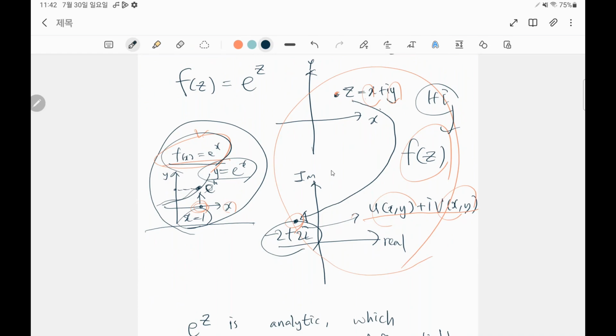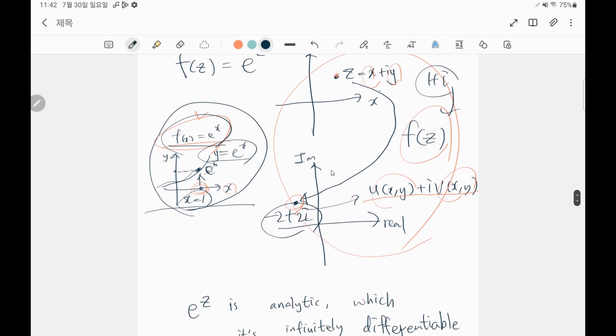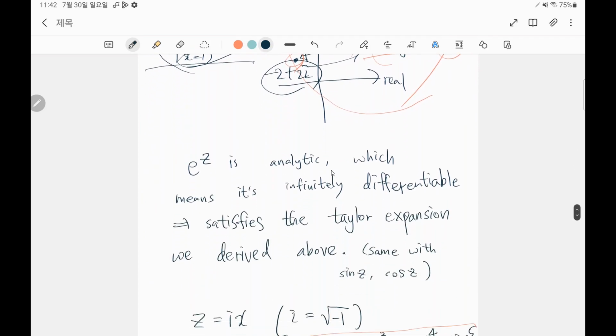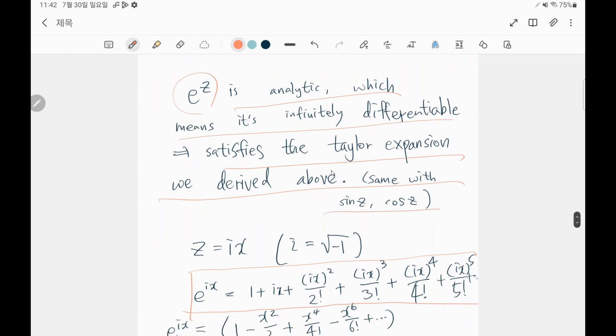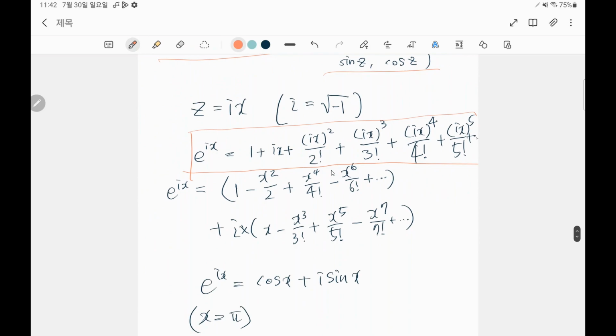Just plug it in where x is, because I said e to the z is an analytic function which satisfies the Taylor expansion and is infinitely differentiable. So you can plug in z equals i times x, where x is any real number and i is the square root of minus 1.